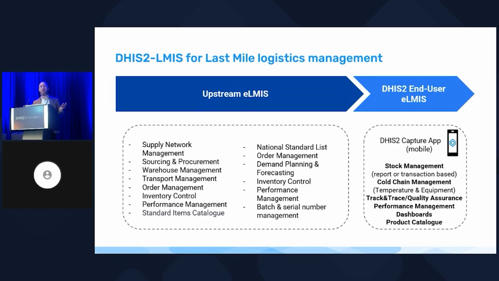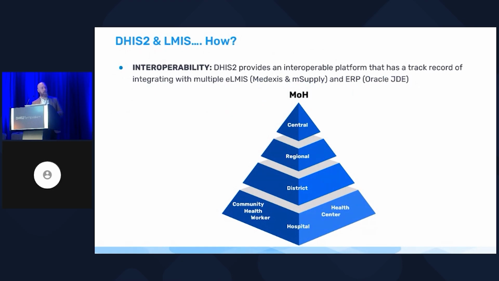That's not the core capacity of DHIS2. What we do want to focus on is what you see on the right, which is the DHIS2 in-user eLMIS component. So that's things like facility and district level stock management, cold chain management, track and trace, dashboard management, and product catalogs. I will talk about each one of these very quickly.